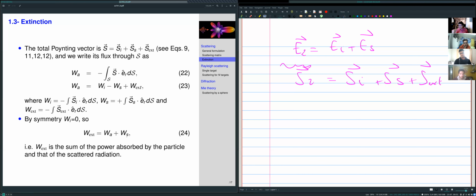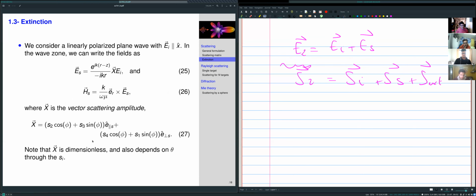But when you compute the total flux of the total Poynting vector through the sphere, it's not W_S. There is this additional term, W_extinction, and that is going to be the term that is absorbed or removed from the fields.